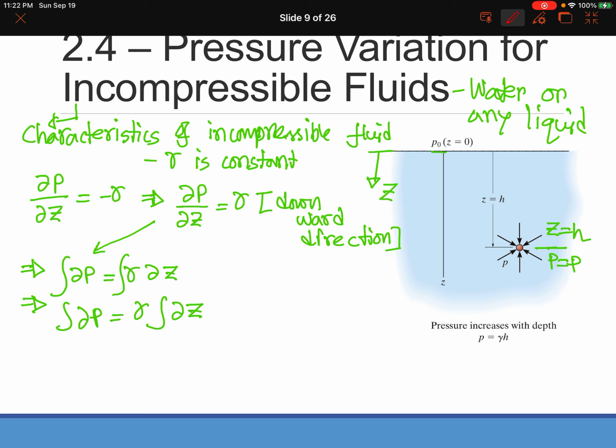If you look at this particle here, it is at H depth from the surface, and we started our Z axis from the surface. So at the surface the pressure is P naught and Z is 0, and at this specific point the pressure is P and Z is H.